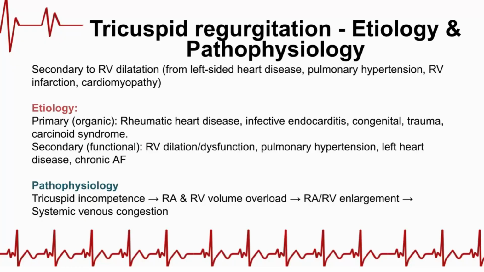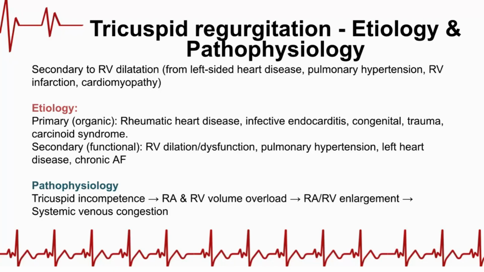In terms of secondary functional problems, we can have right ventricular dilation as a result of left-sided heart disease, pulmonary hypertension that causes right-sided dilation, and again, left heart disease. Chronic AF can also cause tricuspid regurgitation.